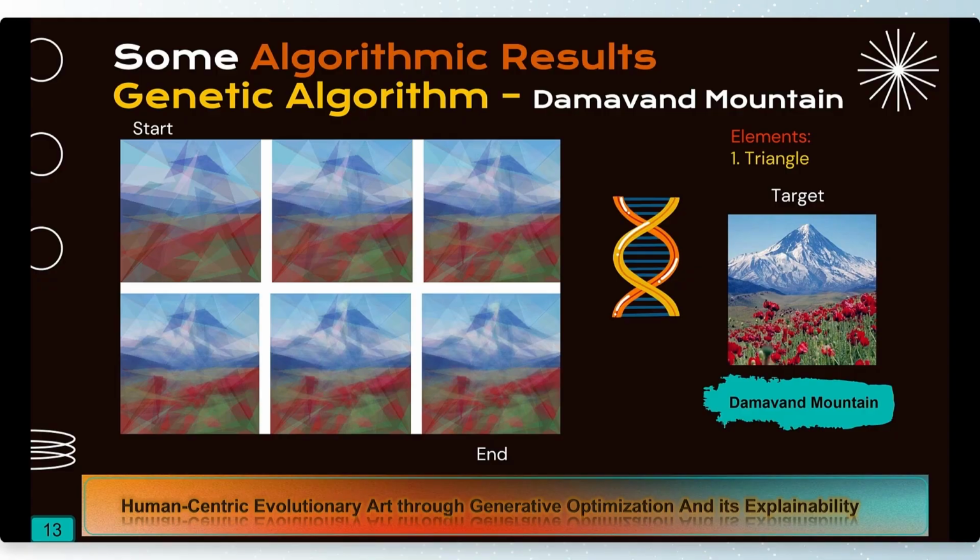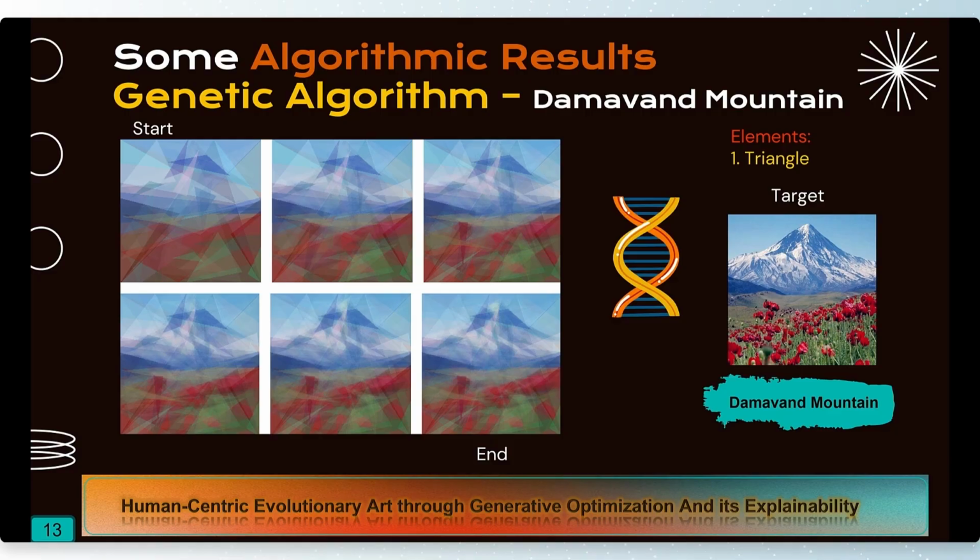Also here we can see a genetic algorithm trying to reconstruct the Damavand mountain, which is located near Tehran, Iran, using just triangles, from top left to the bottom right. We can see how it tried to reconstruct. As we can see, from just pure triangles, it finally achieved some results. Obviously, by increasing the iterations, it could reconstruct the image fully.